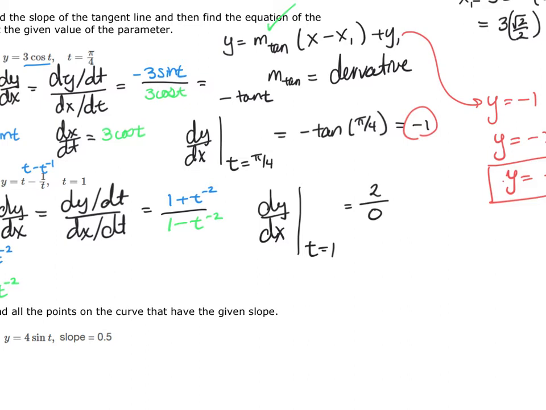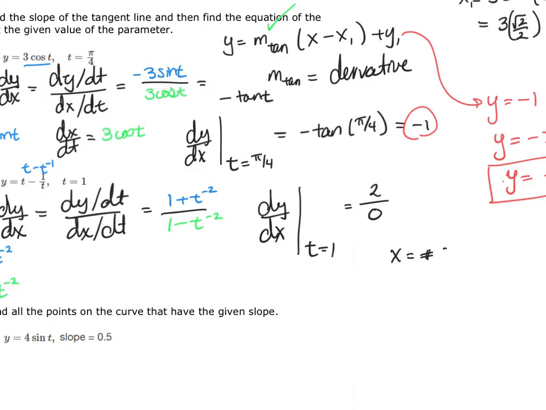We are not in the land of functions when we're in parametric equations. Well, we could be, but we may not be. So we don't stop there and we say, okay, what we have is a vertical line, which is okay. We can have vertical lines when we're talking about tangents in parametric equations. So vertical lines are of the form x is equal to some number. All I have to do then is find that number.